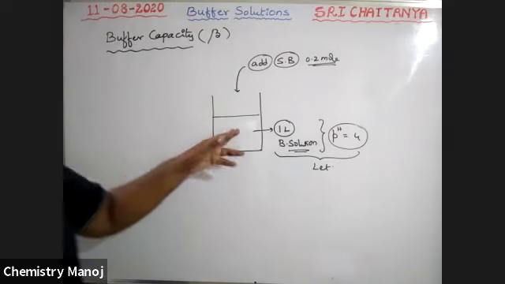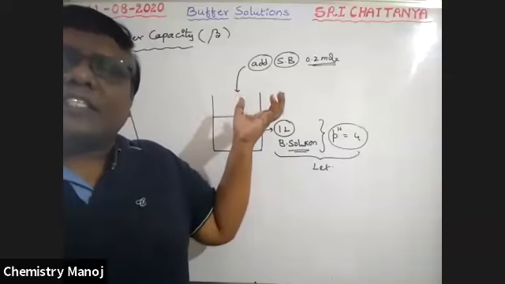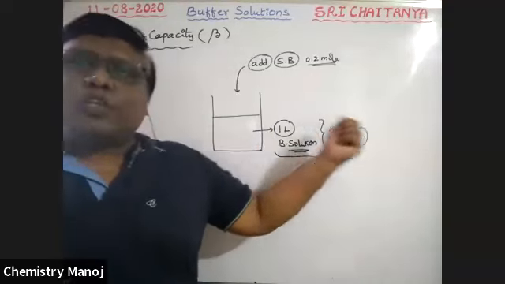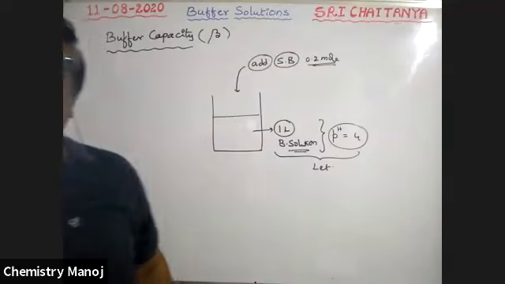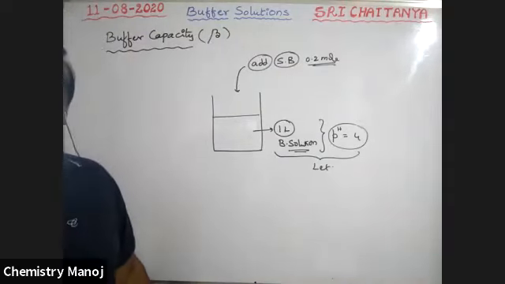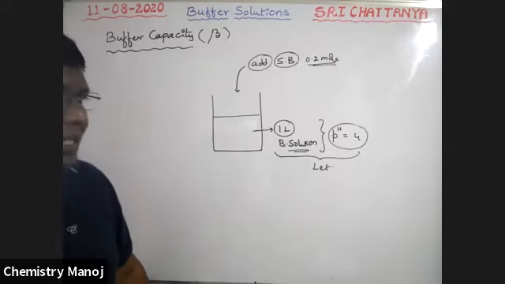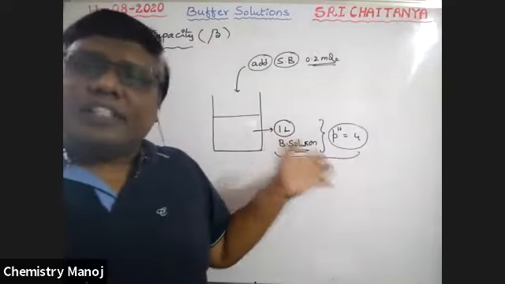Now the basic nature increases, so pH should increase. Is the pH value remaining constant, increasing or decreasing? Tell me, boys. By the addition of 0.2 moles of strong base, yes, it is constant, because it is a buffer solution.